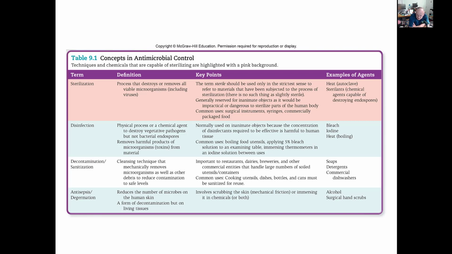Soaps, detergents, and commercial dishwashers are decontamination or sanitizing. It's totally different. It's a cleansing technique that removes or reduces the number of microorganisms, and this is just common sense. The SOPs are probably there for even those sorts of things.